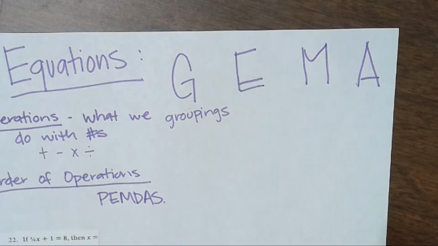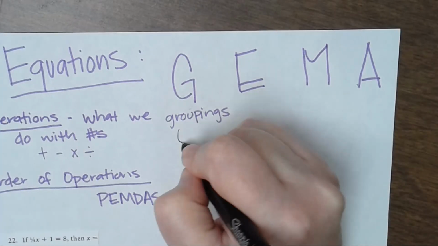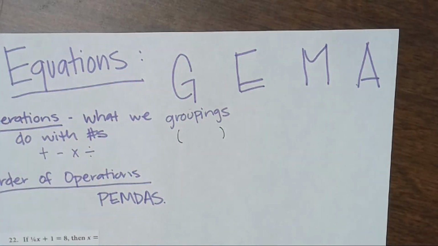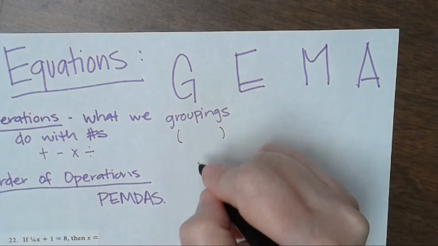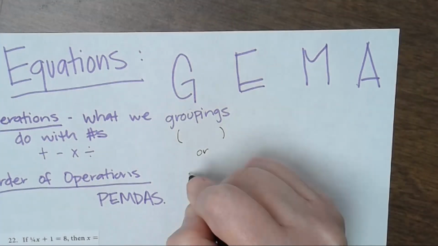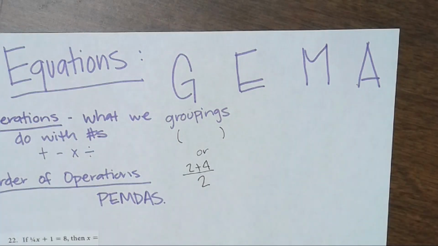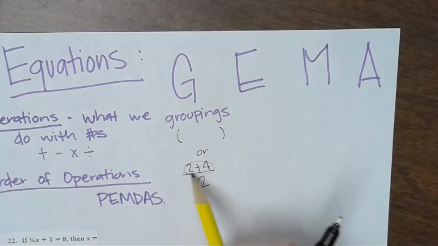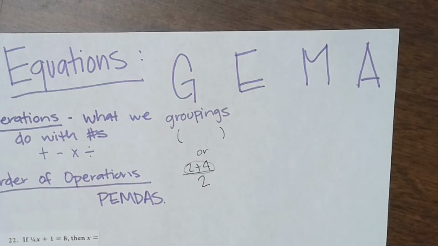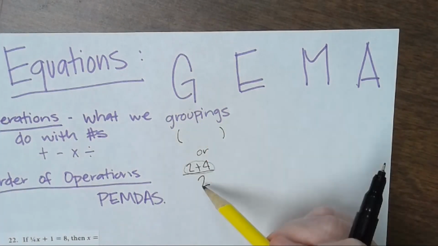I may need to switch pens here so I don't run out of room. One thing that you will see that it's considered as a grouping is parentheses. Obviously, anything in parentheses is going to be a grouping. Here's something else. You may see a fraction, and on the top you have a whole math problem. Specifically here, this 2 plus 4 is considered a grouping that would come first if you were going to solve this.